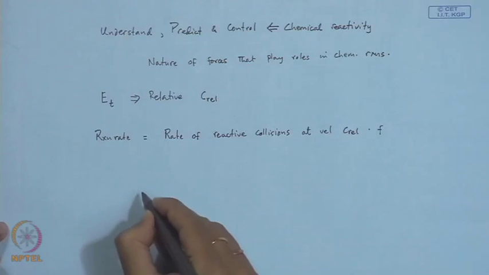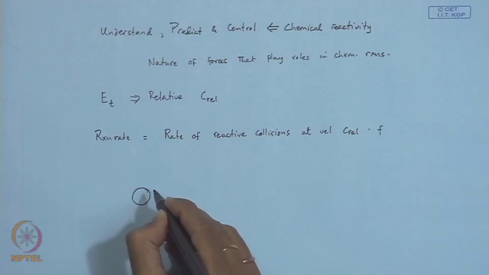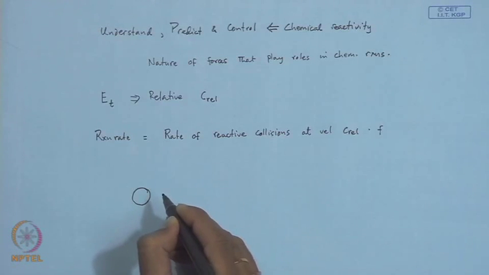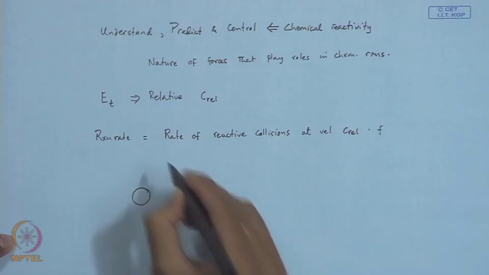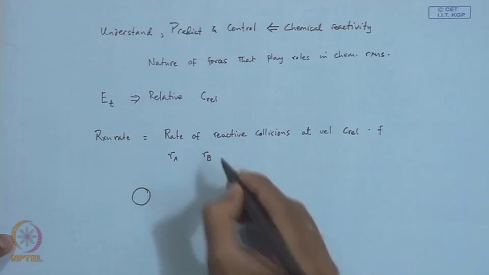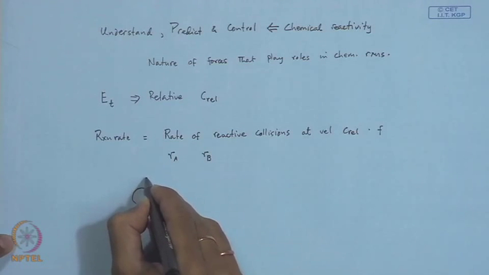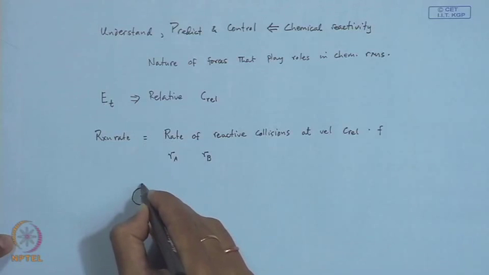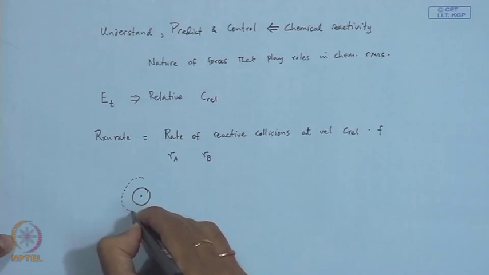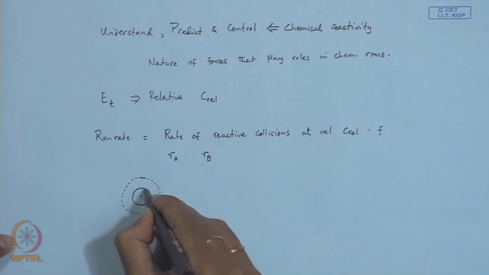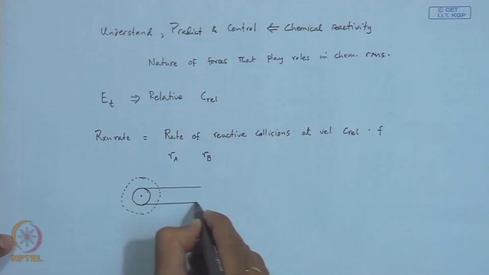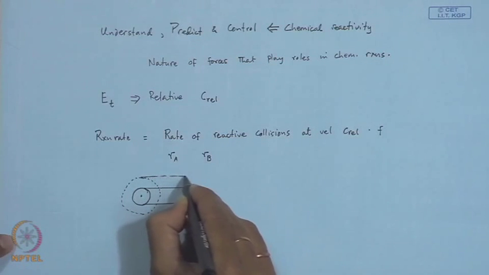So this is one atom, and we have to think that these reactants do not have any specific structure, maybe like a hard sphere, with radii R A and R B. So you draw a cross section, and you draw a cylinder like this also.